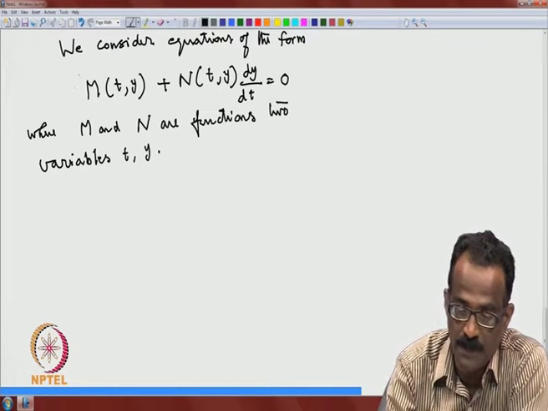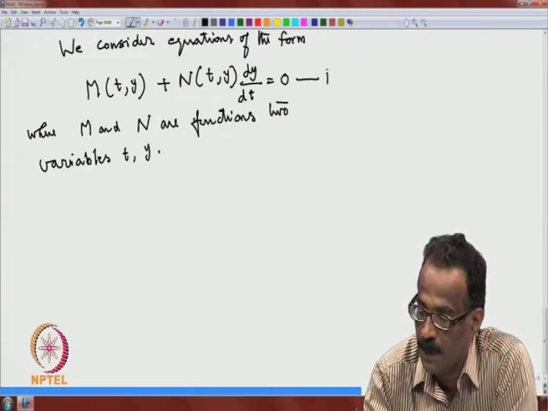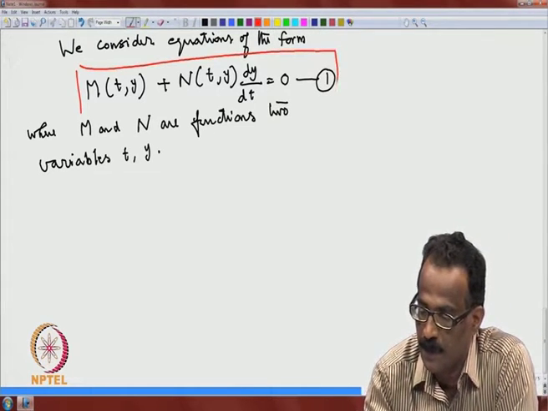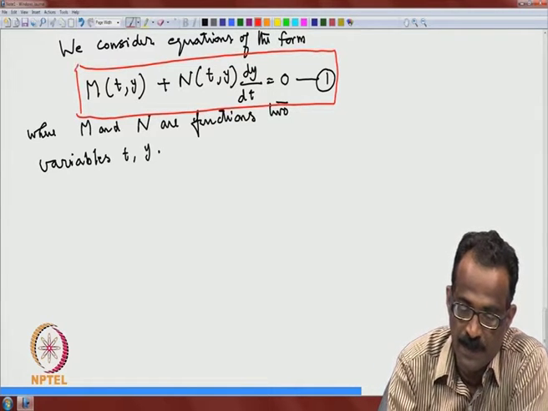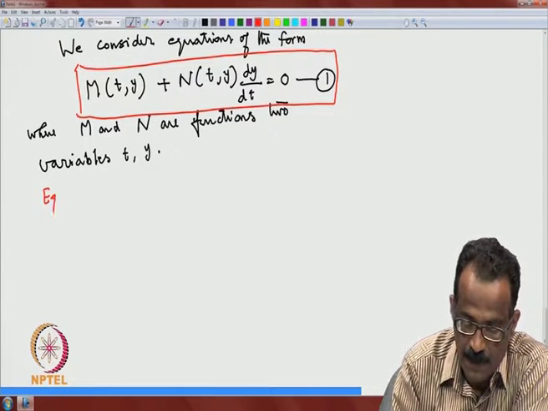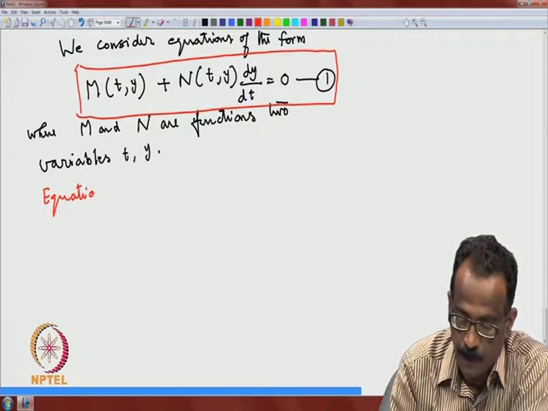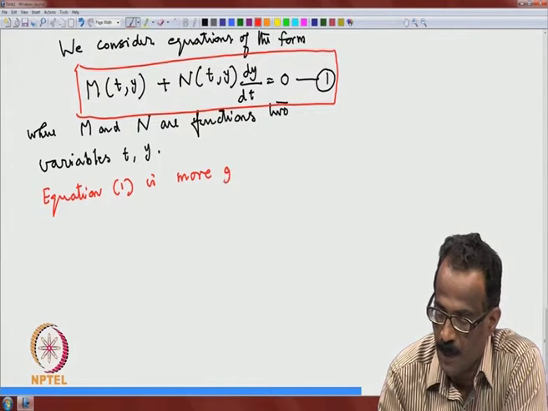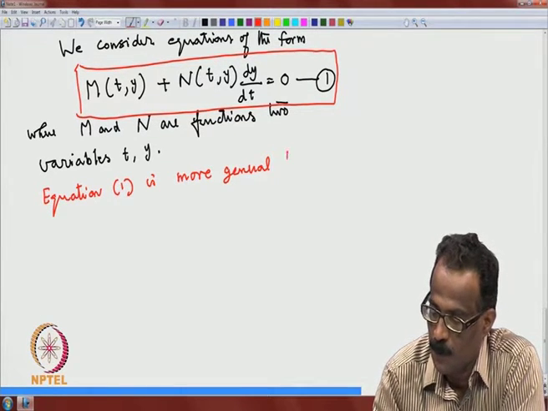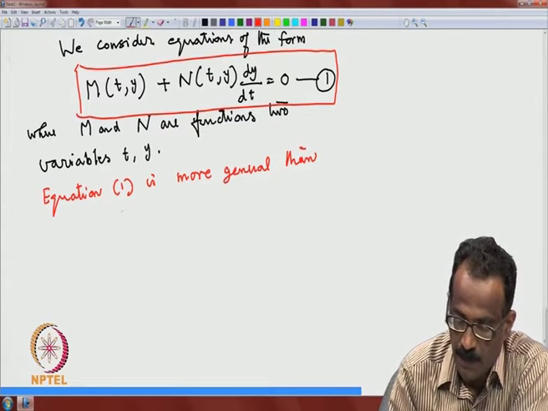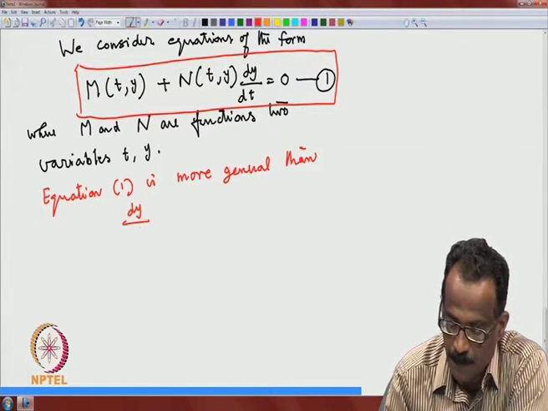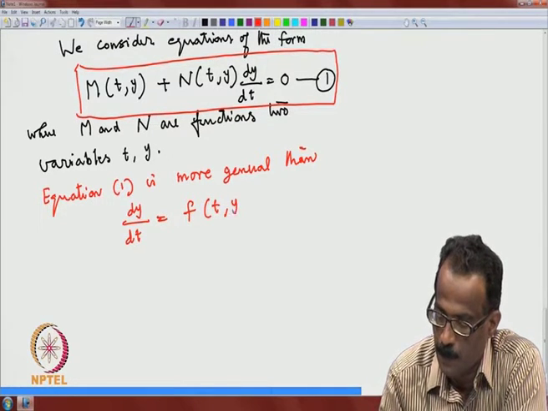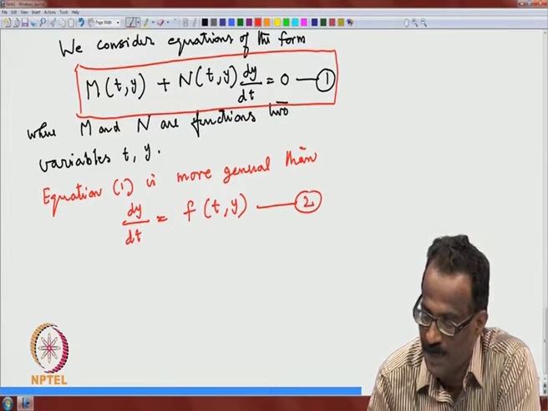Let me call this equation 1. You can immediately see that this equation 1 is more general than dy by dt is equal to f of t y, which I call equation 2. Why is it more general?